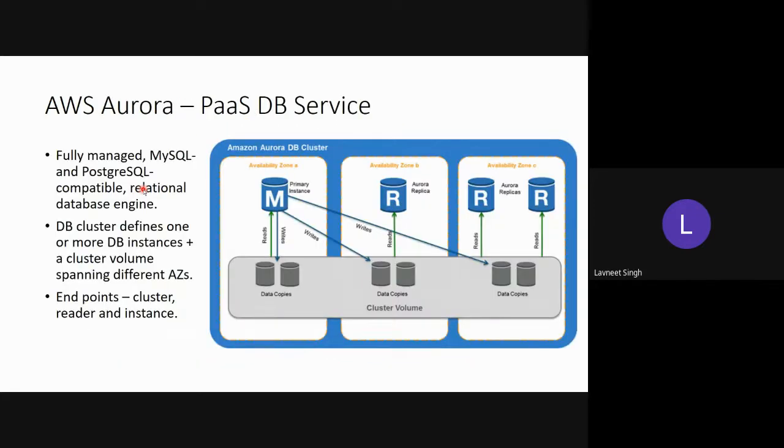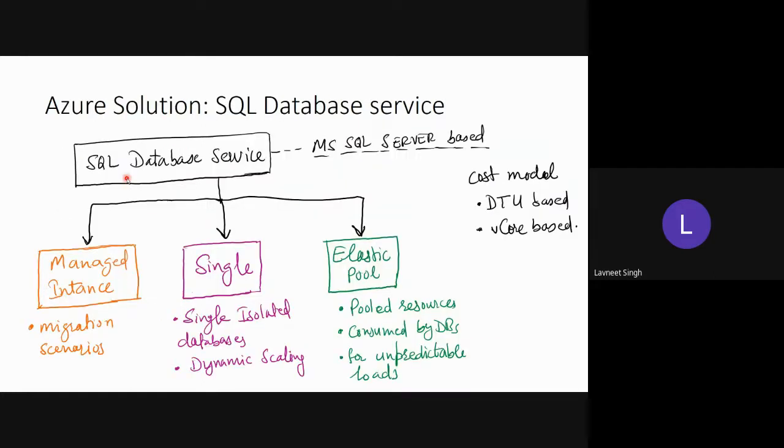If you are on MySQL and PostgreSQL, there is a dedicated service which takes care of more things for you, right? Automatic scaling and things like that. So that is the main difference between those two things.